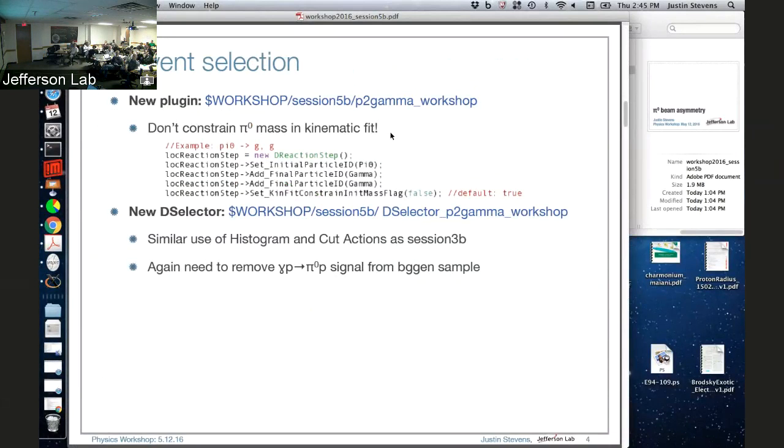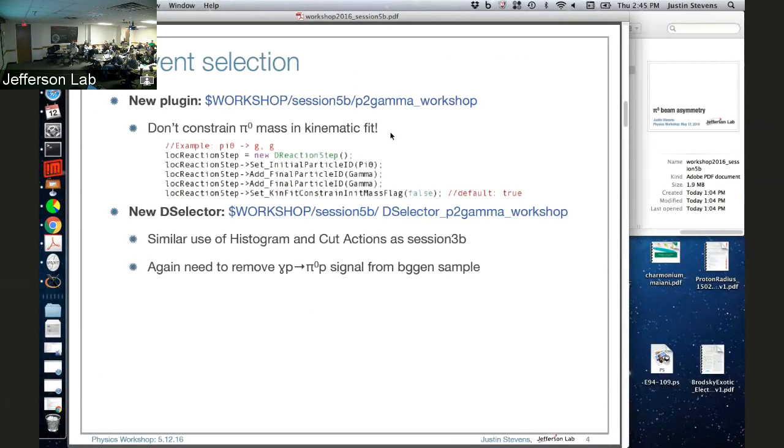So there's also a new DSelector that we'll look at briefly, where we're applying similar histogram and cut actions as we had for the omega sample, but of course specific to this 2 gamma final state. And again, we need to remove these pi0 signal events from the background BGGen sample. So let's start.